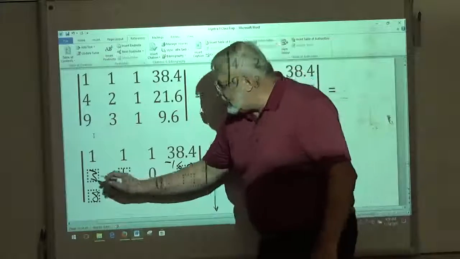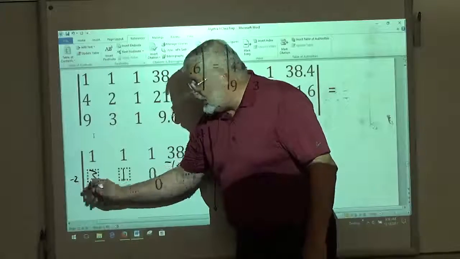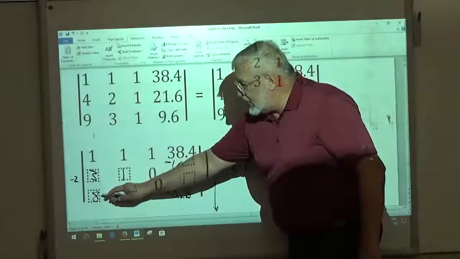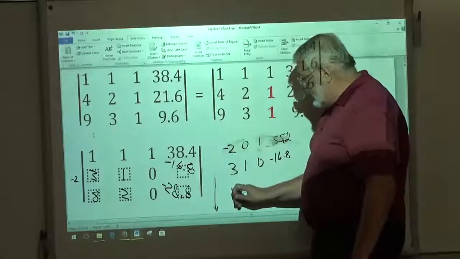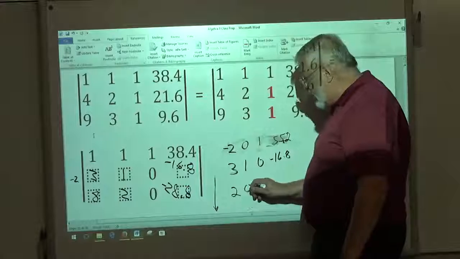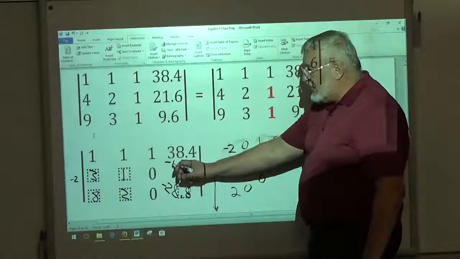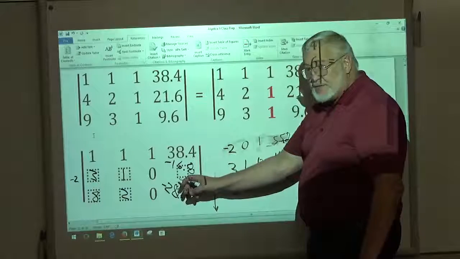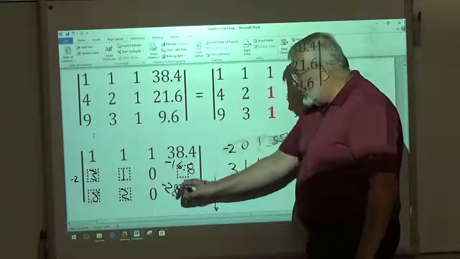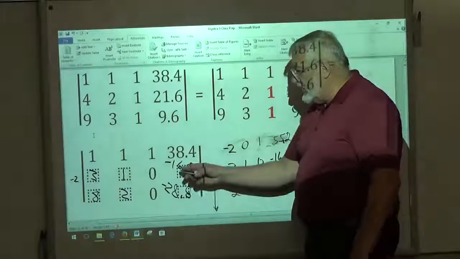I have to multiply this row by negative 2 and then add it. Negative 6 plus 8 is 2. Negative 2 plus 2 is 0. 0 plus 0 is still 0. And now put this in the calculator. Negative 2 times negative 16.8 plus 28.8. Put that in your calculator. I got 62.4.